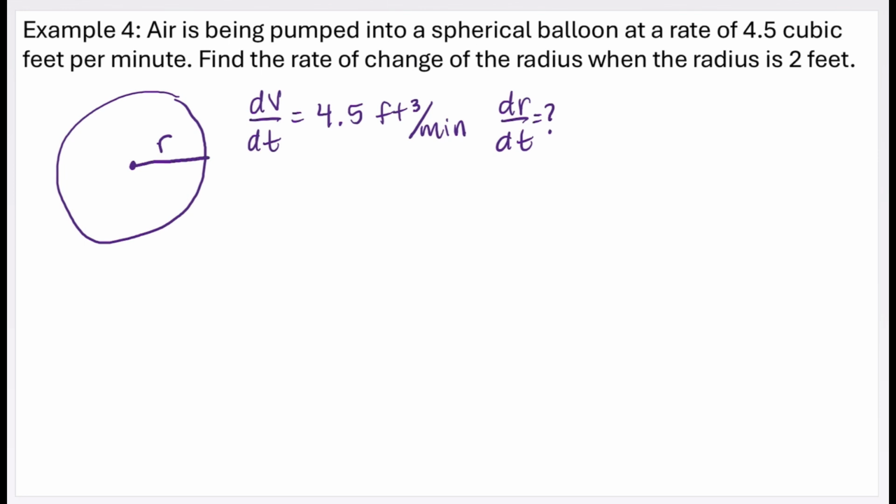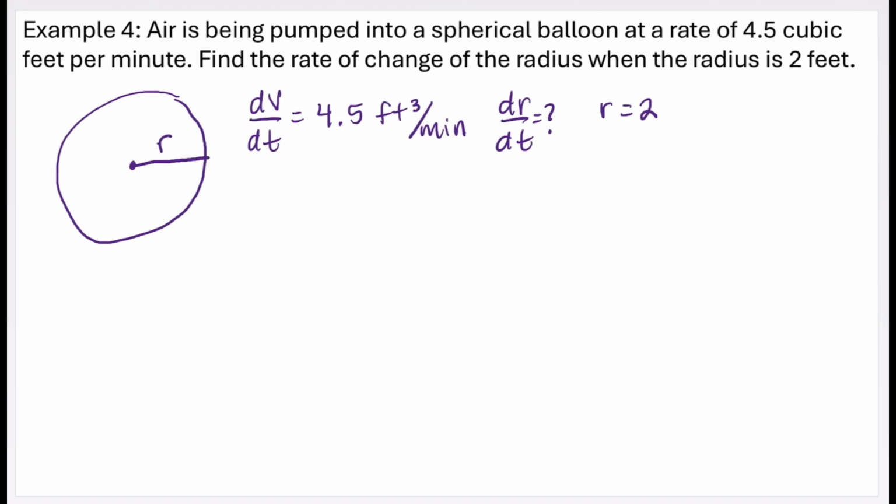We don't know what that is, specifically when the radius is 2 feet. So I'm going to use the volume of a sphere formula because the volume of a sphere involves both the volume and the radius. So the volume of a sphere is going to be 4/3 pi r cubed.